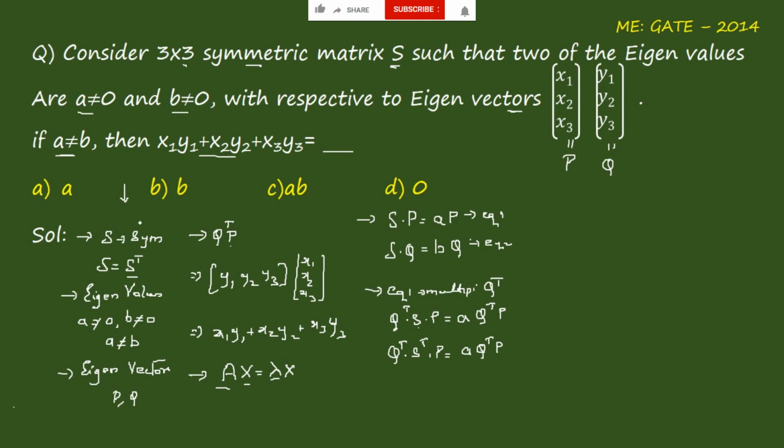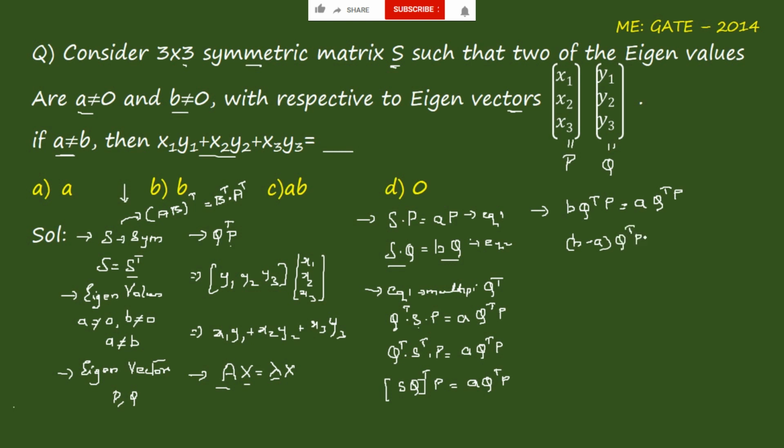Now we know one more thing, that A into B whole transpose is equal to B transpose into A transpose. So we can keep this in the form of brackets: S into Q whole transpose into P is equal to A into Q transpose into P. But we know that S into Q is equal to B into Q. So it becomes B into Q transpose P is equal to A into Q transpose into P. So we get B minus A into Q transpose P is equal to 0.